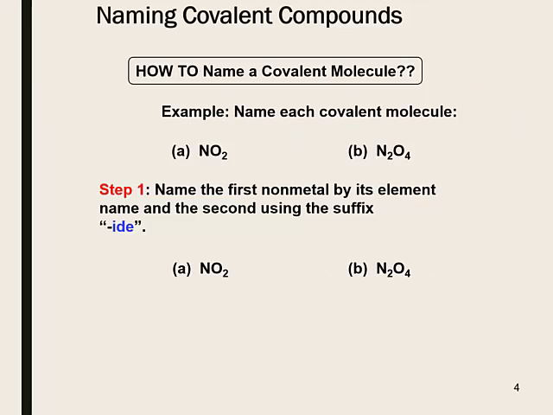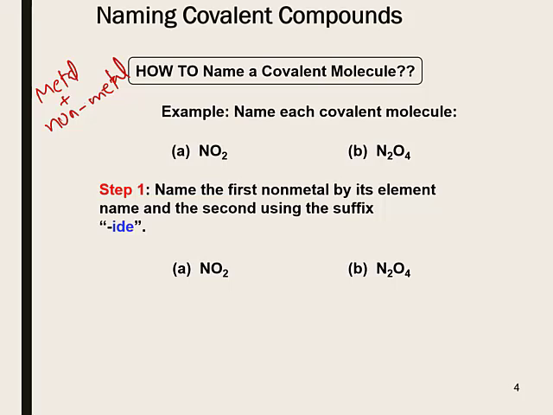Now that we have learned what covalent compounds are, let's learn how to name a covalent molecule. Before naming any molecule, please make sure whether that molecule is ionic or covalent. One easy way to find out is by looking at the composition. If the molecule is made up of a metal and a nonmetal, then that molecule is an ionic molecule.